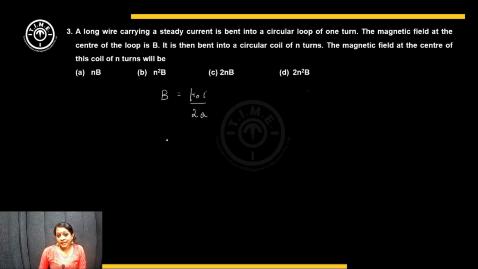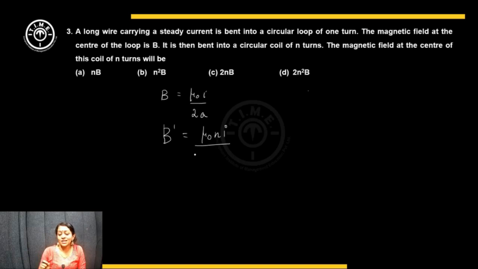Now, it is given that the same wire is bent into a coil of n number of turns. In that case, what is the magnitude of magnetic field produced at the center of the coil? So, we can denote it as B dash. How will you write the equation of B dash? We are having n number of turns, isn't it? So, mu 0 N I divided by, one more thing to be noted, you are bending the same wire into a coil of n turns.